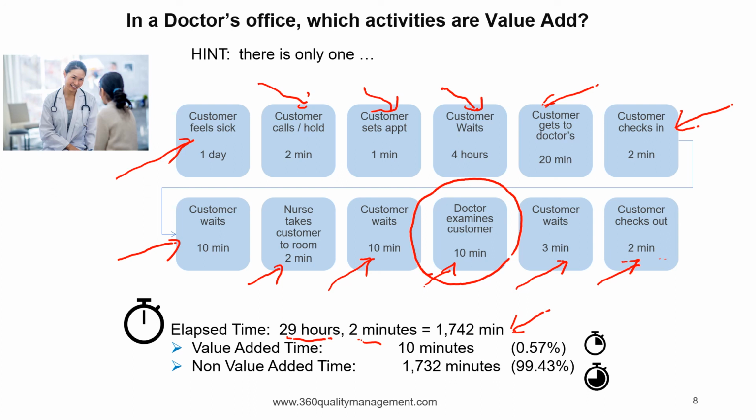And the value-added time, remember, this is the only one here, is 10 minutes. So here it is only 0.57%, which is less than 1%. As stated in the previous slide, sometimes a process or a situation could consist of less than 1% value-added time, and this is one of them.